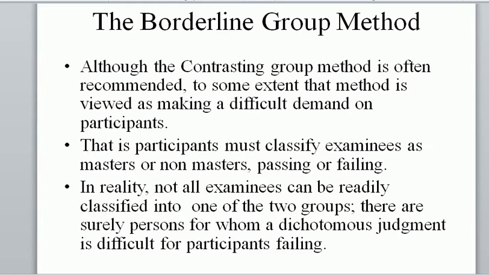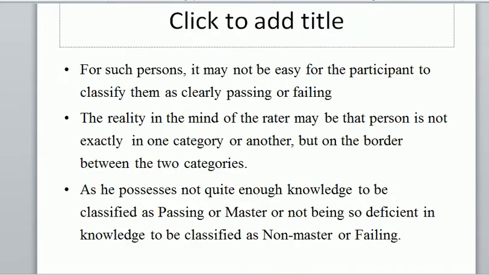So in this situation, for such a person, it may not be easy for the participants to classify them as clearly passing or failing. The reality in the mind of the rater may be that the person is not exactly in one category or another, but on the border between the two categories.